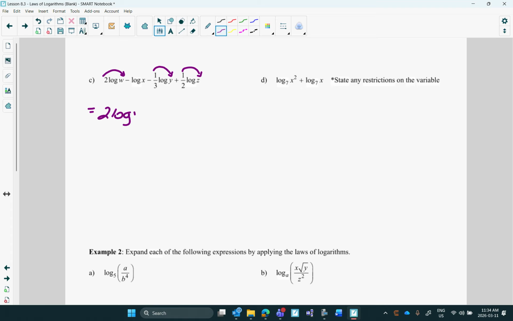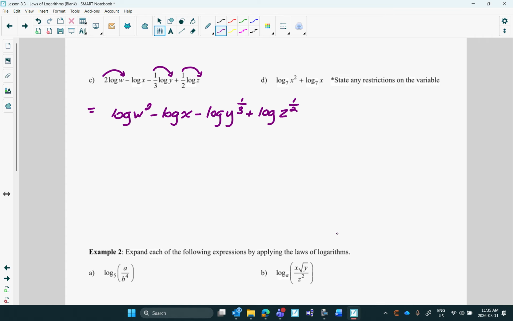What's the base on this, by the way? Yeah, too strong. So that becomes log W squared. I don't have to change the second term because there's no number in front. This becomes log y to the third. And the last one becomes what? Log z to the 1/2.